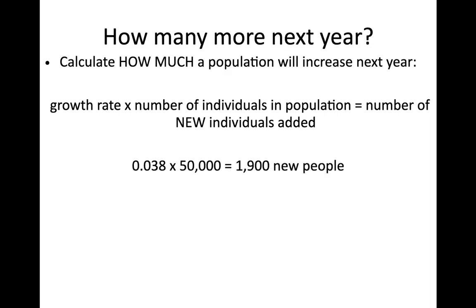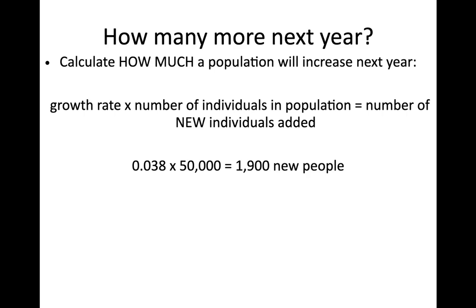So if we have 50,000 people in the previous example as a total for the number of individuals at this current time, and we multiply it times the growth rate that we calculated, 0.038, that means that next year we will add 1,900 new individuals.